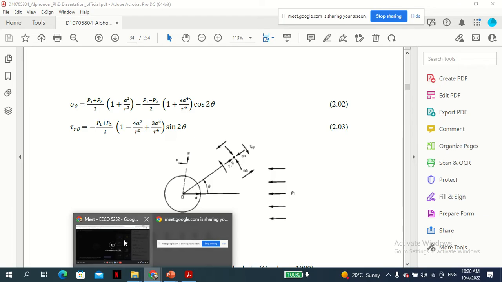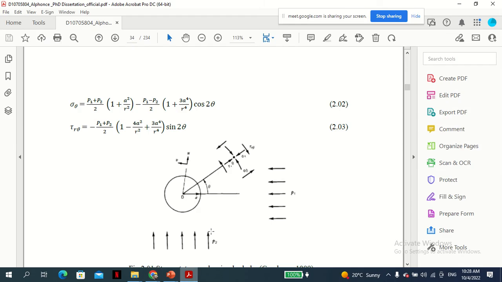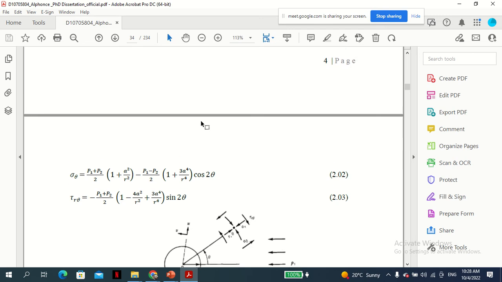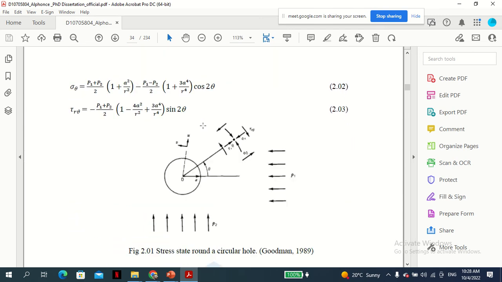These are some equations. If you're interested, of course, this is beyond the scope, but so that you have an idea, this is the assumption that is made.